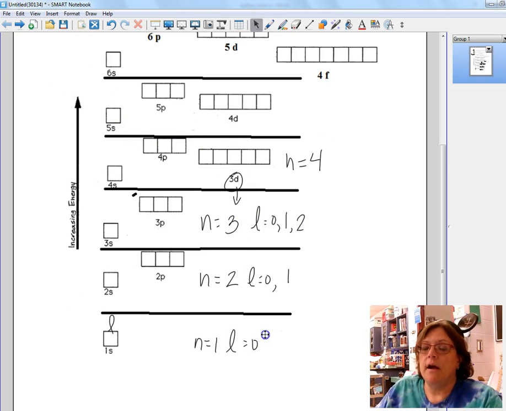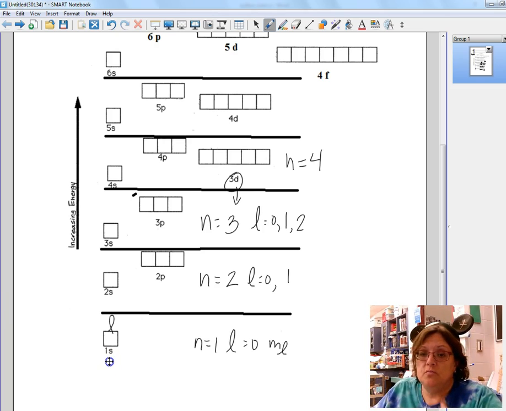Our ml value, the last value, tells us which particular orbital within the subset. If it only has one orbital, like the S, we just give it a value of 0. So here, ml could be -1, 0, or +1.